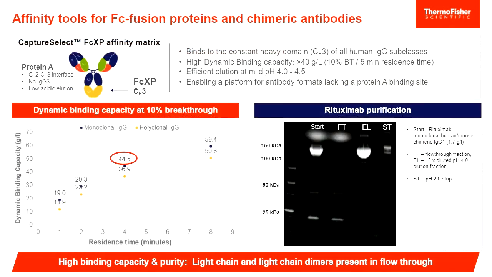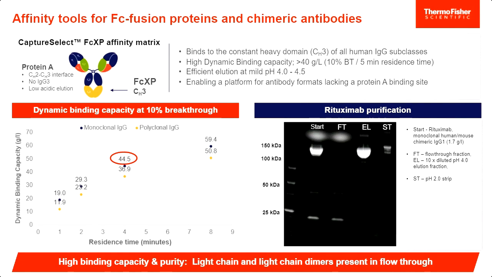And our FCXP resin binds the FC region away from the protein A binding site. So this is a good option for not only mAbs where the protein A site is altered, but also FC fusion proteins and bispecifics.